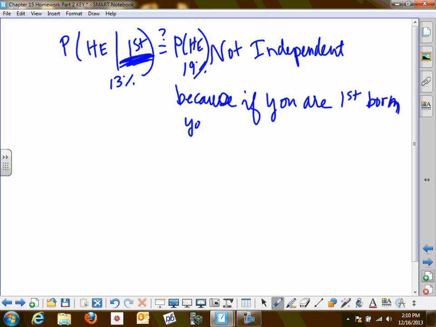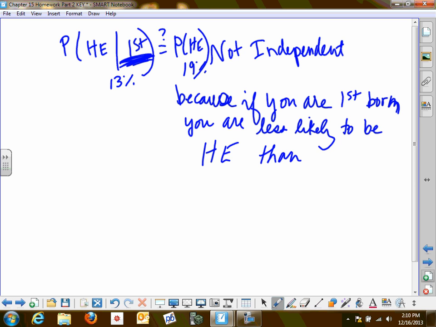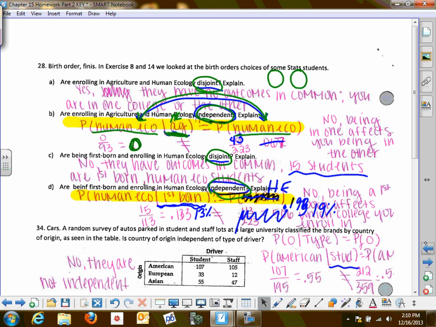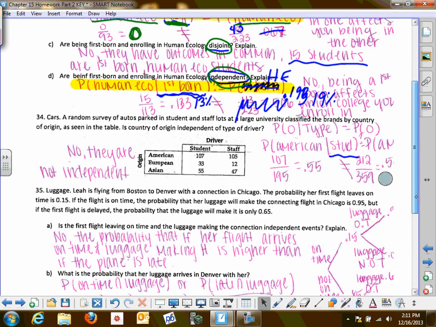Then you are less likely to be human ecology major than what's on the right side? What is that? Human ecology major overall. Okay. All right, so that's the kind of sentence I'd be expecting. To follow up, that includes the information on it.